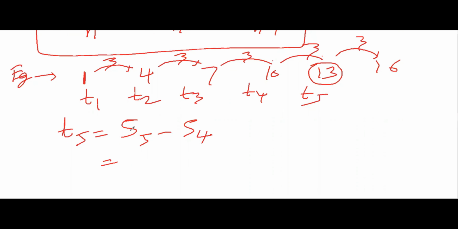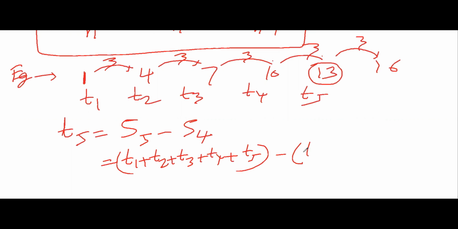What is my S5? S5 is T1 plus T2 plus T3 plus T4 plus T5. Okay, and what is my S4? S4 is T1 plus T2 plus T3 plus T4.